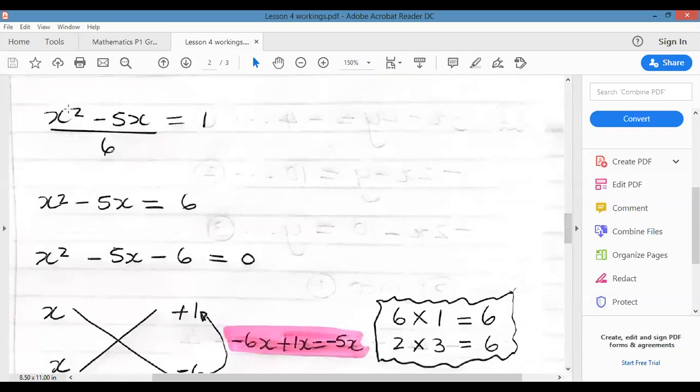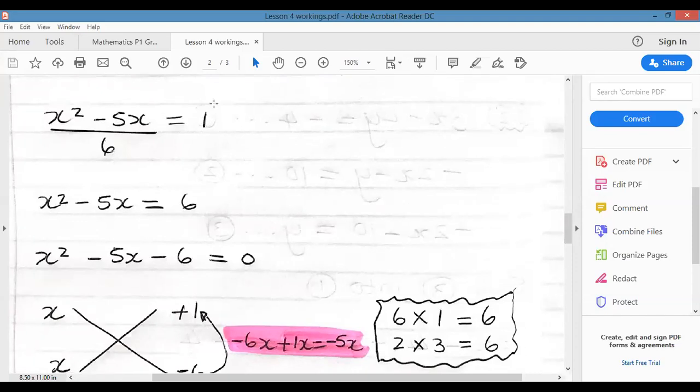Therefore, you're going to have x squared minus 5x over 6 is equal to 1, because previously on the other side your 1 was negative, but now it will be positive because you have transposed. Therefore, you must cross multiply, guys. 6 times 1 is 6, so your 6 will be here. A number is always over 1.